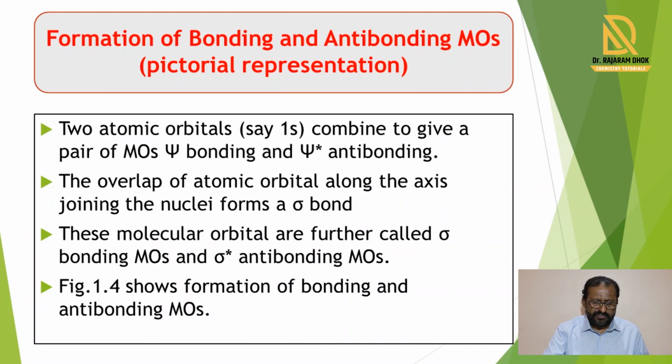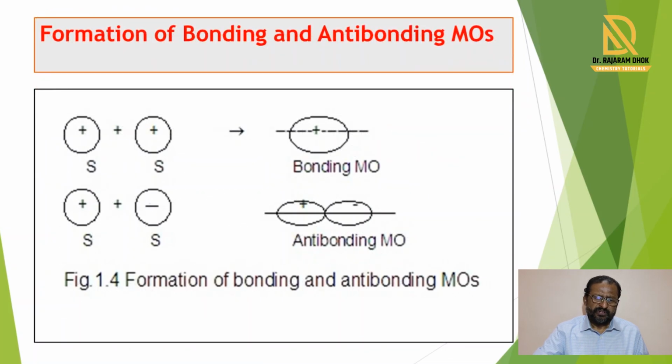In the next diagram, we can see that when the s orbital and the other atom's s orbital have the same wave functions, there is addition of the atomic orbitals and formation of bonding molecular orbitals.